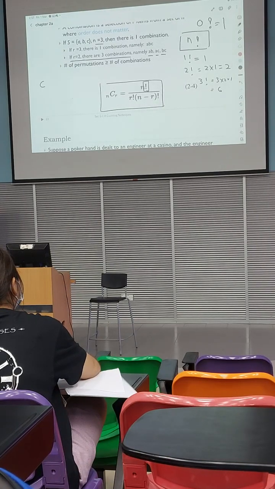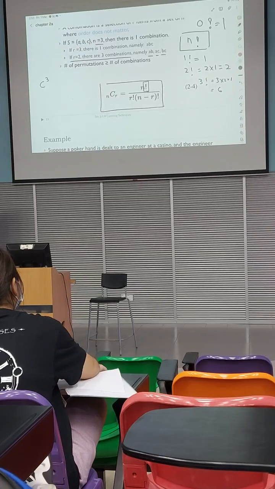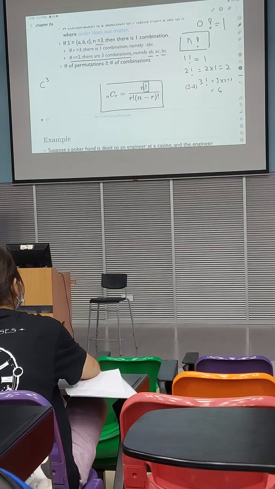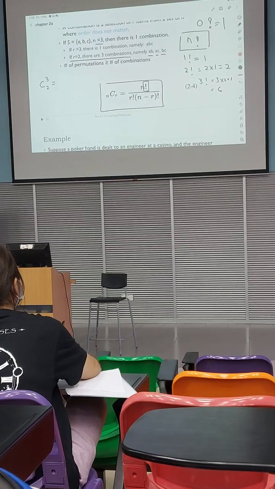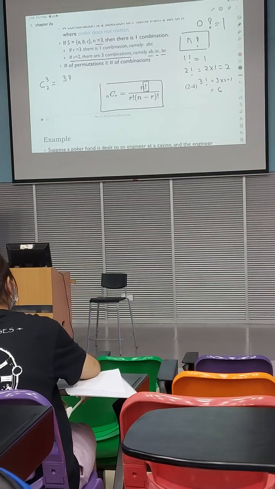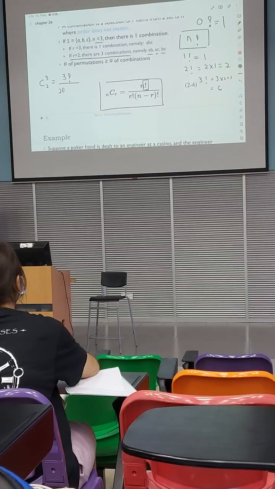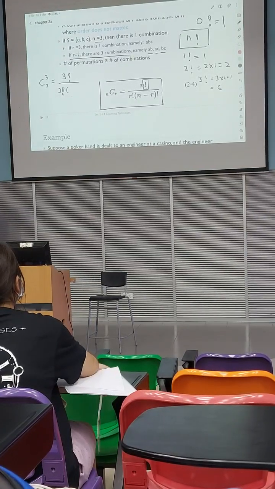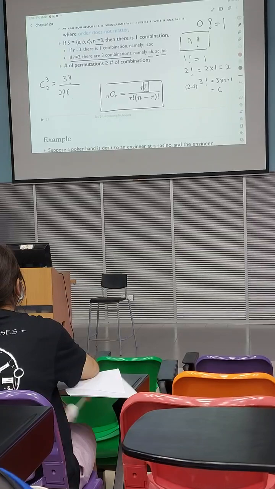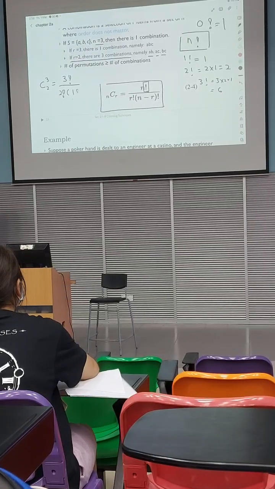Now we need to perform n equals 3, 3 choose 2. Can you use your calculator to find out the answer? If we apply the formula, it should be 3 factorial divided by r, which is 2 factorial, then n minus r, which is 1 factorial.